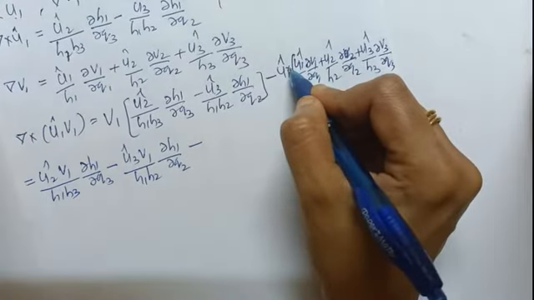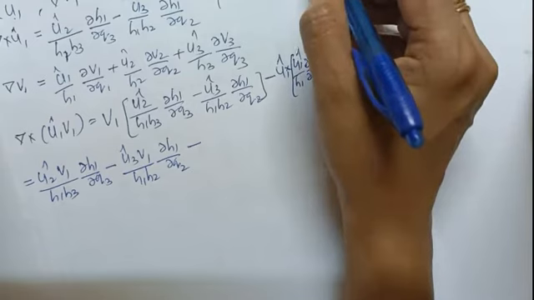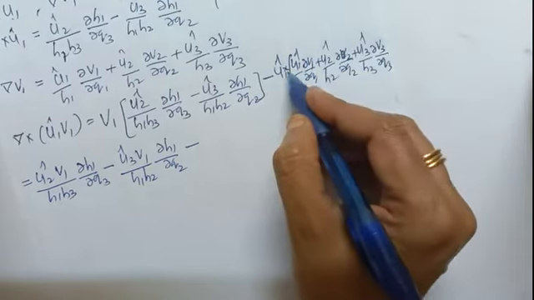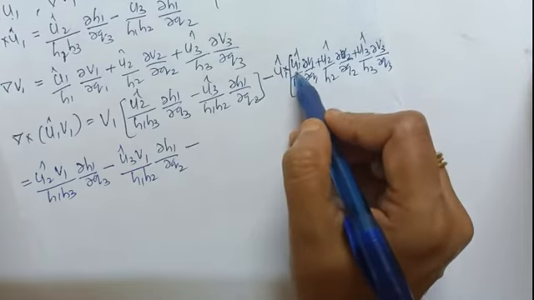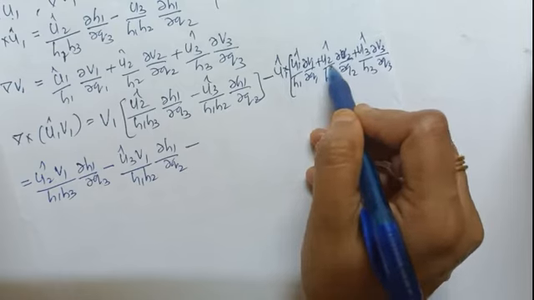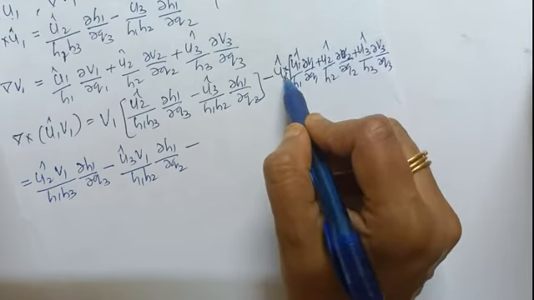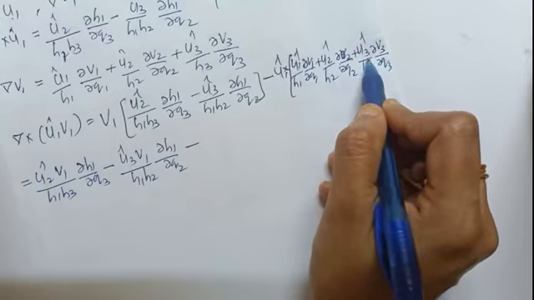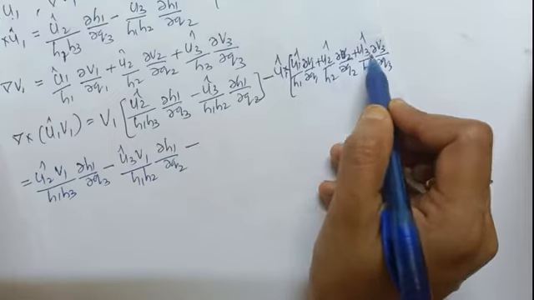See here we have not put cross here. There is a small error. See our identity is A cross del phi, U1 cross del phi. U1 into U1 is 0. U1 cross U2 you will get it as U3, and U1 cross U3 you will get it as minus of U2. Okay.